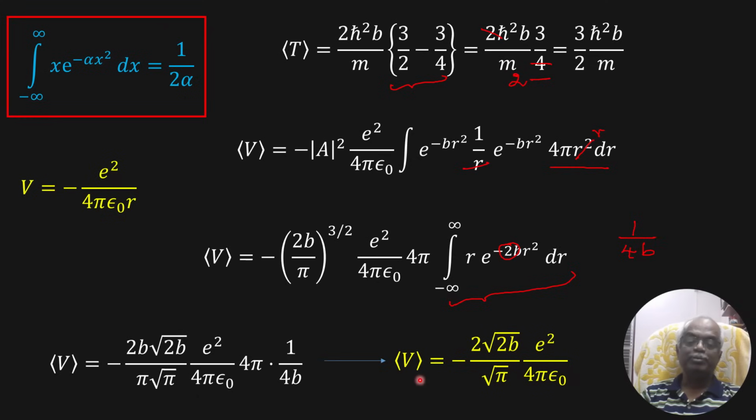After simplification, we will get the expectation value of V is equal to minus 2 square root of 2p over square root of pi times e squared over 4 pi epsilon naught. How we arrived at this simplification is very easy. You can cancel this pi and this pi. Then what about the other parameters? You can cancel this 2p with this 4p. You will get 2.